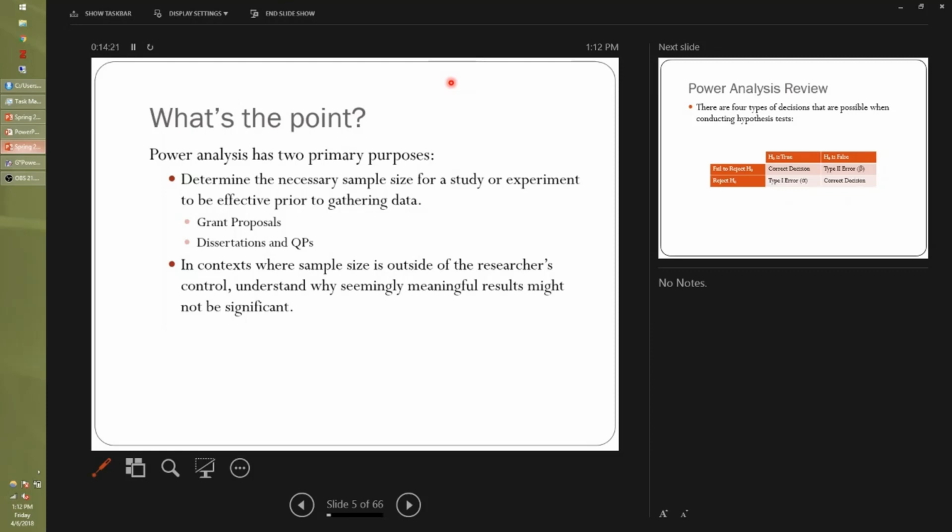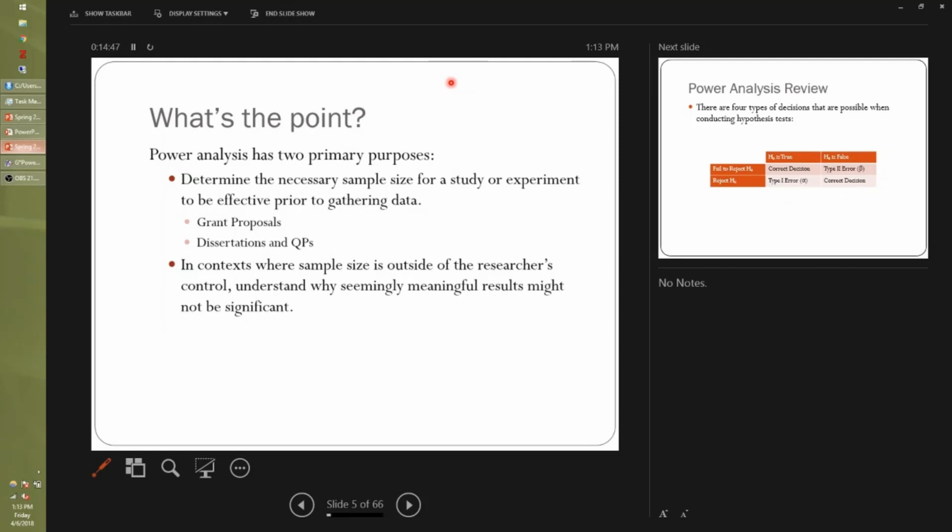Maybe it's only 40 students in this secondary data set, and you just don't have the kind of power that you need to see a significant effect. So you can do post hoc power analysis to get an empirical sense of what your power was, assuming that the effect you see in your data is actually there in the population.